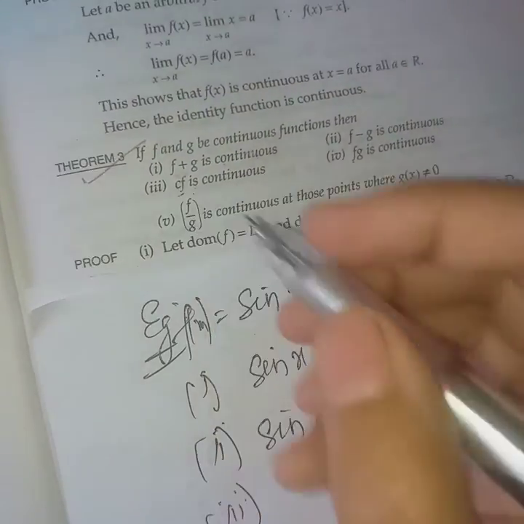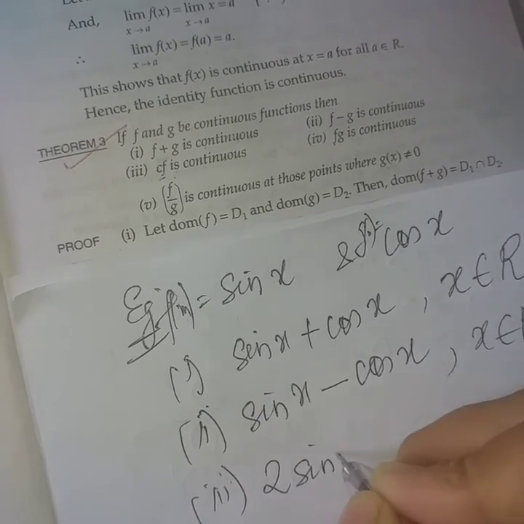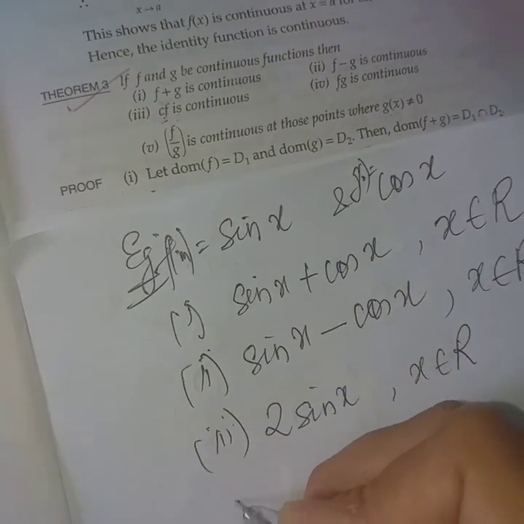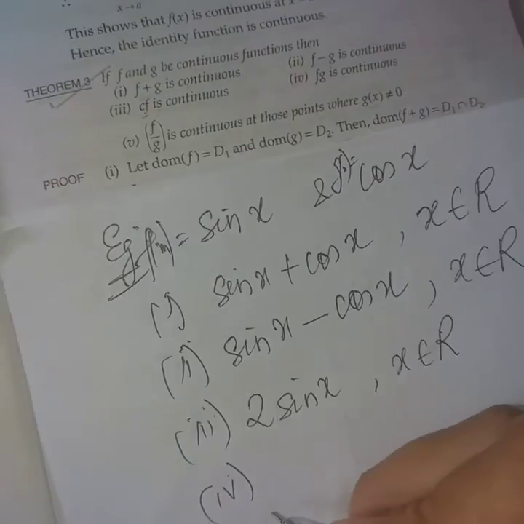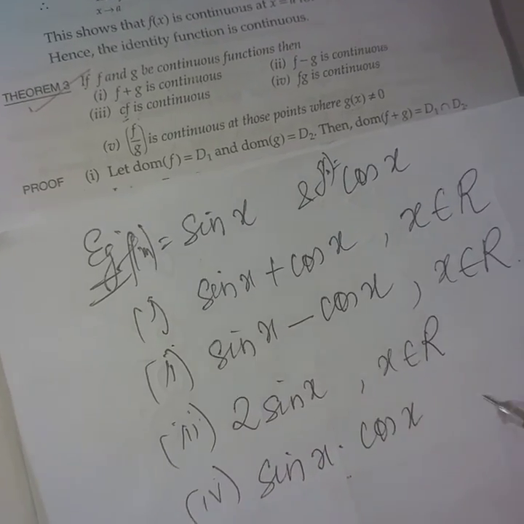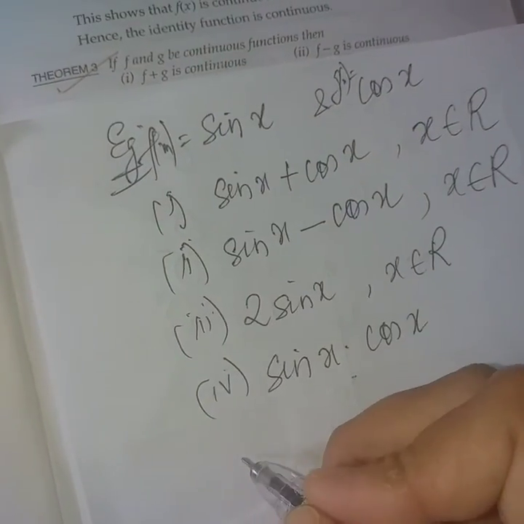If you multiply sin x by a scalar, it is also continuous for all x belonging to R. And if we multiply sin x into cos x, these two are continuous functions, and the multiplication of continuous functions is continuous.